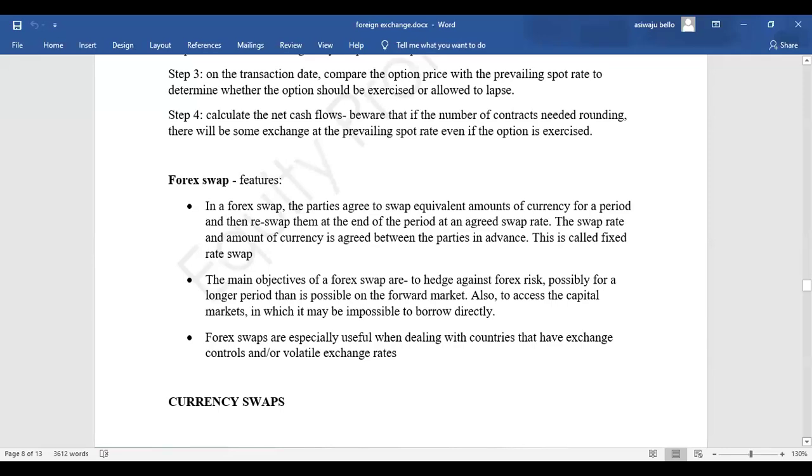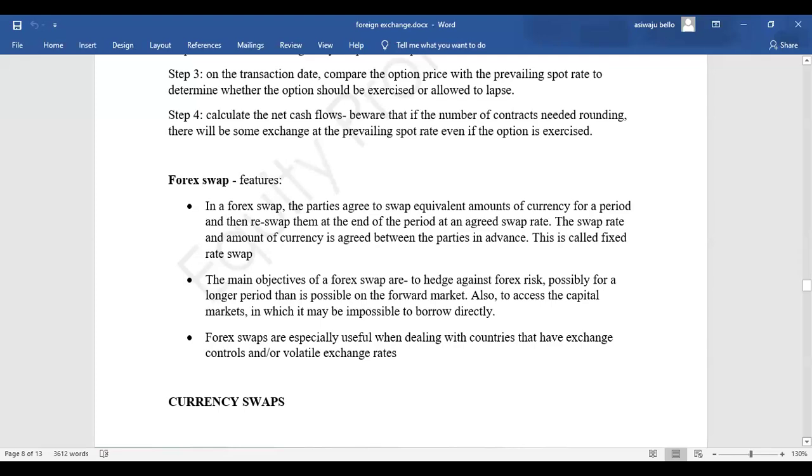Now, Bank of Industry is disturbed about exchange rate volatility. Naira will fluctuate regularly against dollar. Bank of Industry is now trying to protect itself against foreign currency risk.